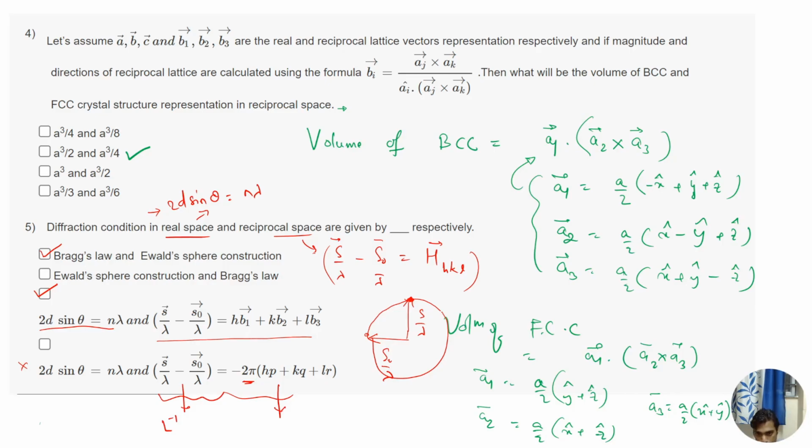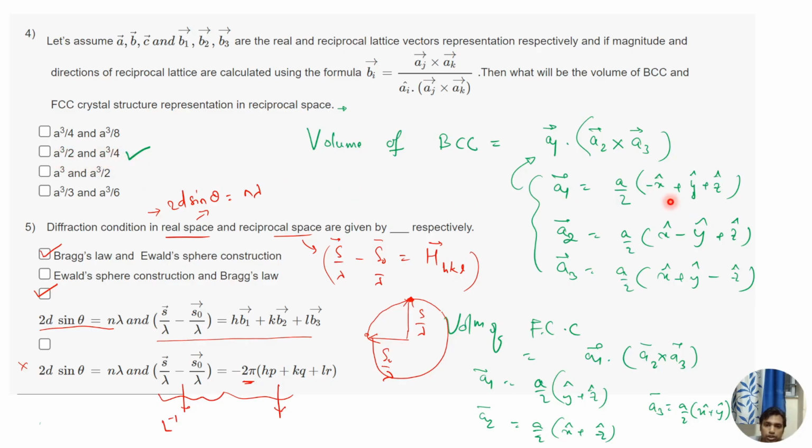For A, we have not got the value, right, sir? Here, A1, A2, and A3 are given for BCC, like I have written here. What I'm asking is the value of the lattice parameter A itself. We don't put a value, we have to show it in terms of A. Here A cube is there.